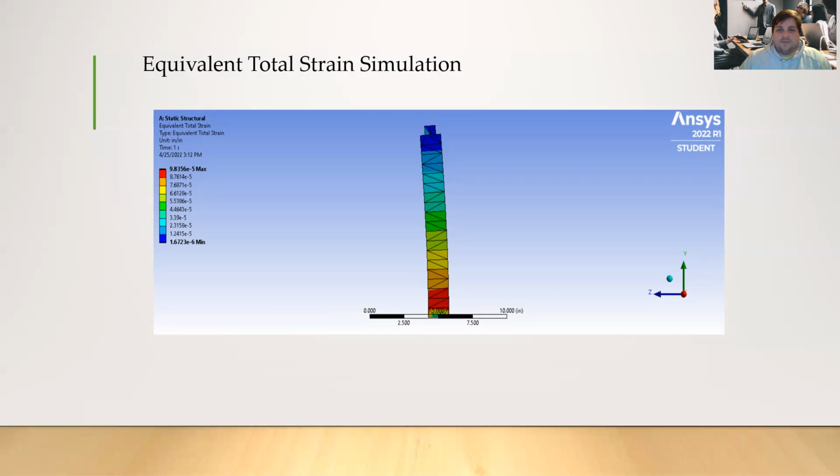The greatest amount of strain was going to be at the point where the hinge joint comes to a stop, because, like I said, it's not completely bending. That was going to be the point where the maximum strain and stress was going to be.